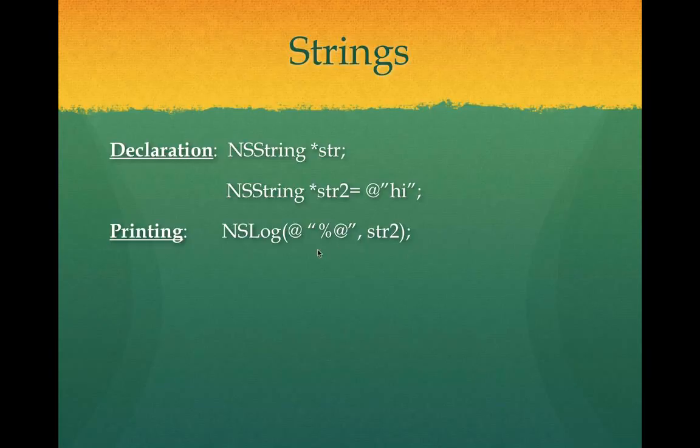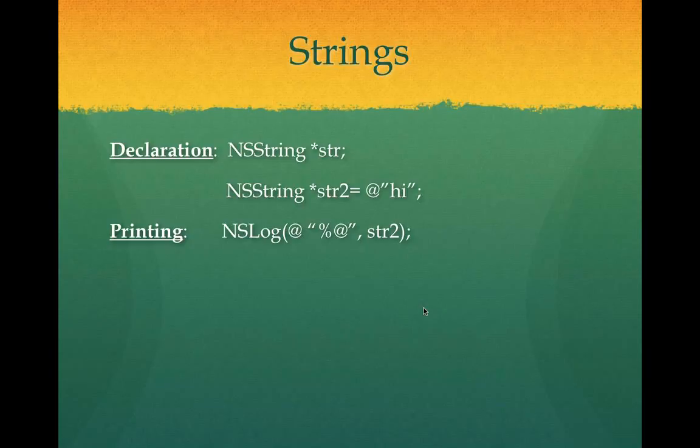The @ sign is not just assigned for strings, it's used for any other object, and by saying object, I'll show you later how we use this %@. But for now, just remember that we have to use a %@ when you want to print a string.